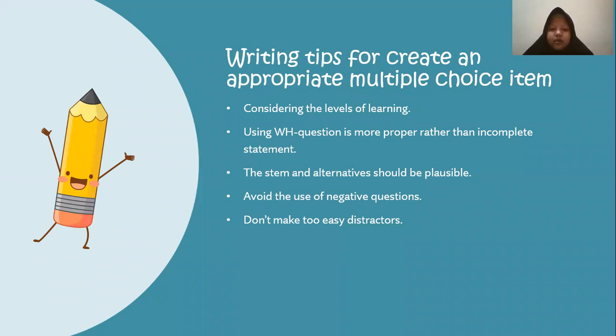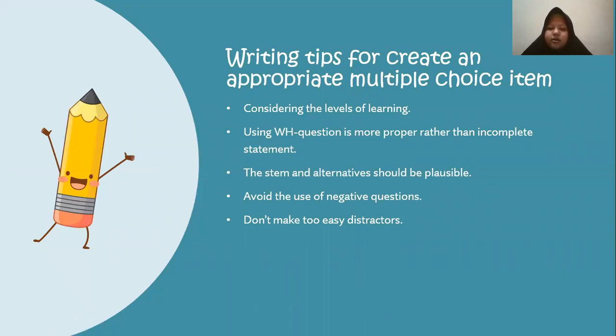So, to reduce invalid and unreliable multiple choice items, the teacher can apply these tips while constructing their multiple choice items. The first tip is considering the levels of learning.